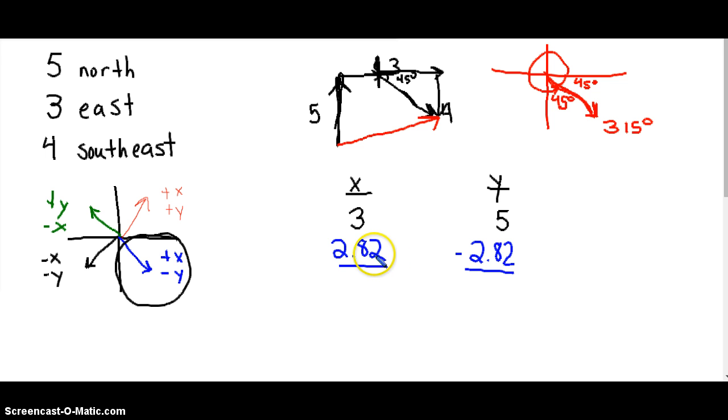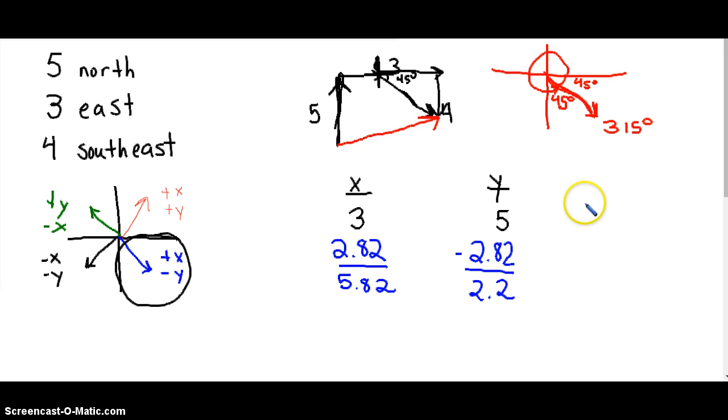So if I add up all my x coordinates, I should get 5.82. If I add up all my y components, I get 2.2 in the y direction.